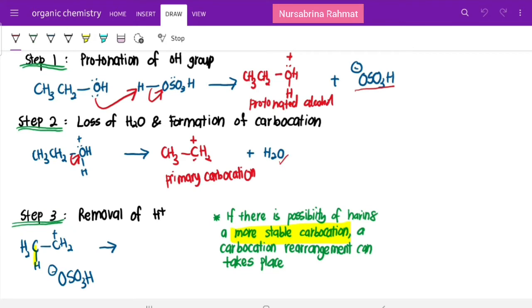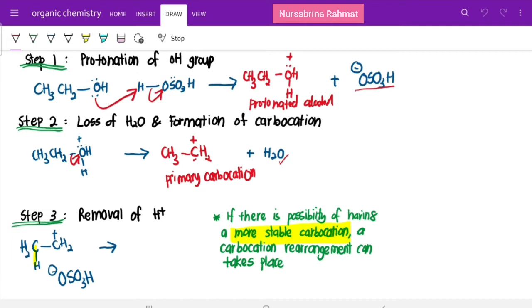Let's move on to the last step, which involves removal of H+. We're going to use the nucleophile that we initially produced in the first step, and this nucleophile will attack the hydrogen in the carbocation to produce a double bond, or your alkene.